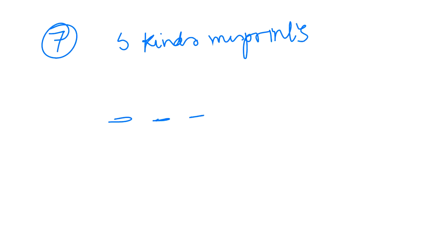Let me see. In problem number 7, yes, James, you're absolutely correct. The same stuff, cells and balls, man. We cannot run away from it. The 5 kinds of misprints. I'll call these cell 1, cell 2, cell 3, cell 4, and cell 5.